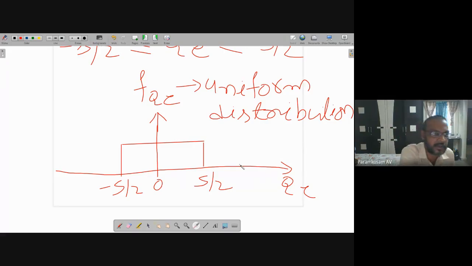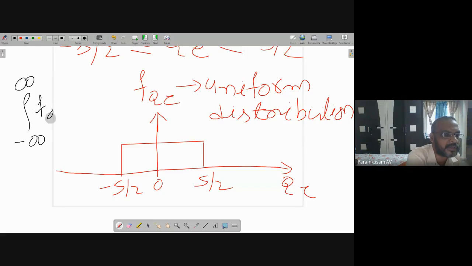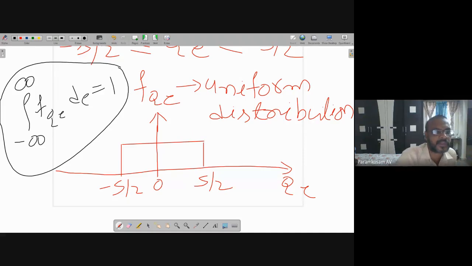That is, the integral from minus infinity to plus infinity of FQE dE is equal to 1. The area under any probability density function graph is 1.